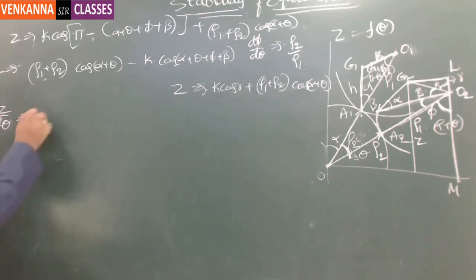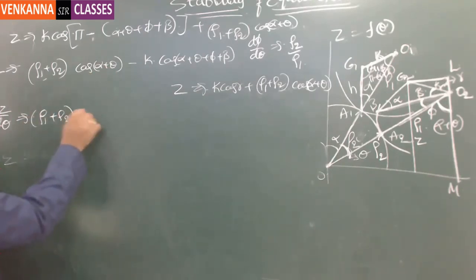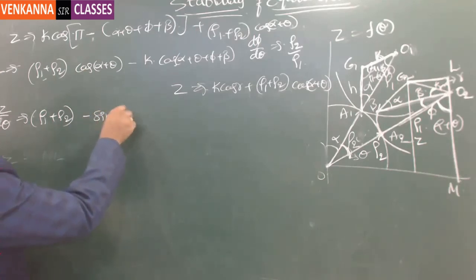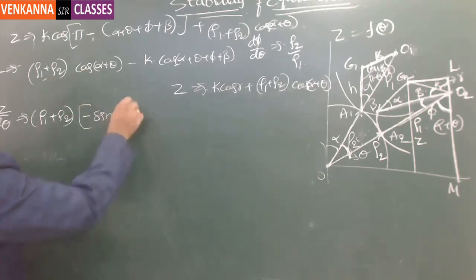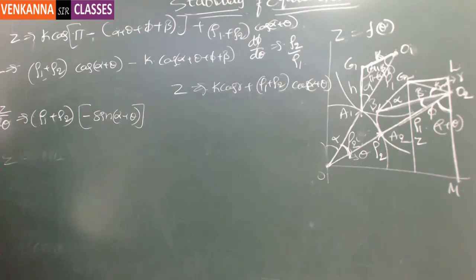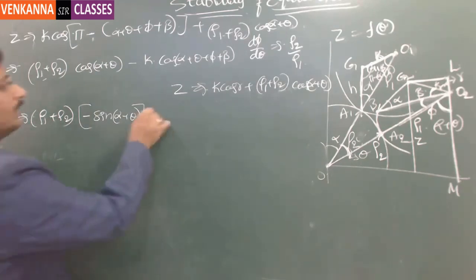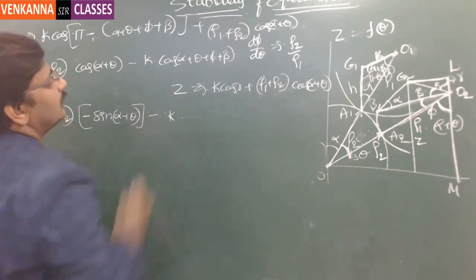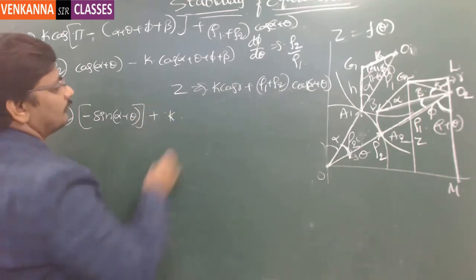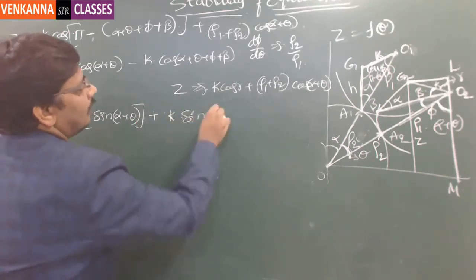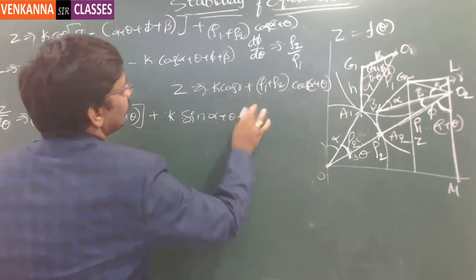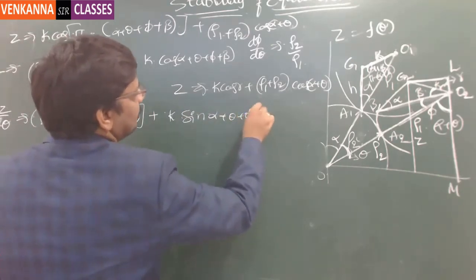dz by d theta equals rho 1 plus rho 2 times derivative of cos alpha plus theta. Derivative of cos is minus sine alpha plus theta, and derivative of the inner part, alpha plus theta, is going to be 1, and minus k times derivative of cos is again minus sine. So this is sine alpha plus theta plus phi plus beta.